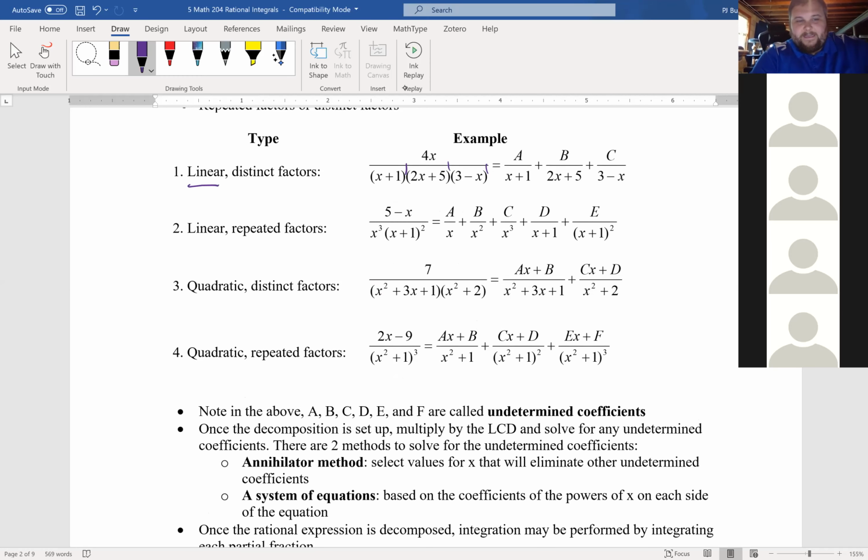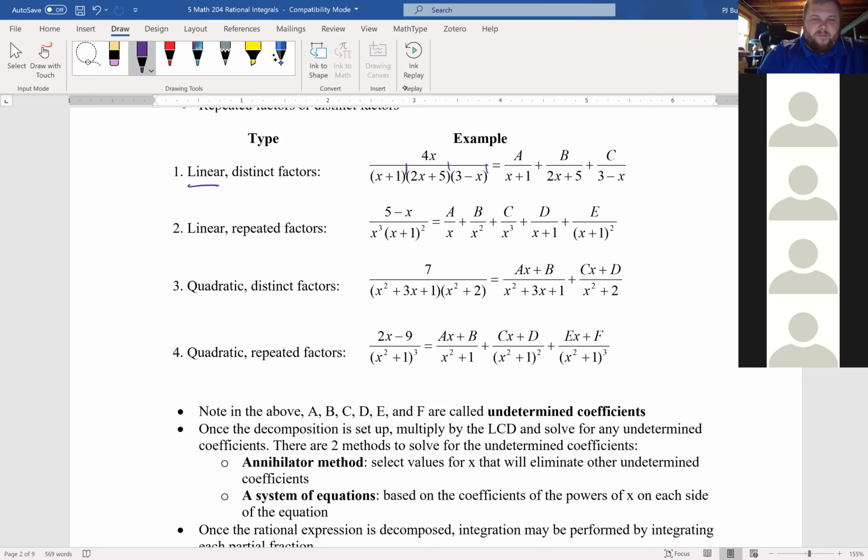So you notice the next set says these are linear and repeated. So first, let's look at this one, right? X plus 1, that's the equation of something we'd expect for a line. It's to the second power. That's why we say it's repeated, because that is technically x plus 1 times x plus 1. So that is a linear repeated factor.